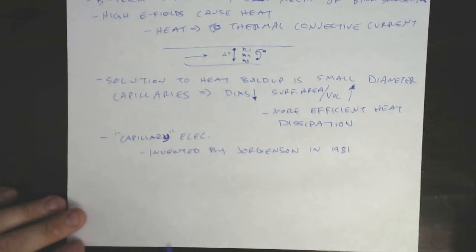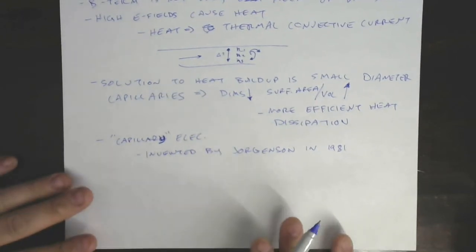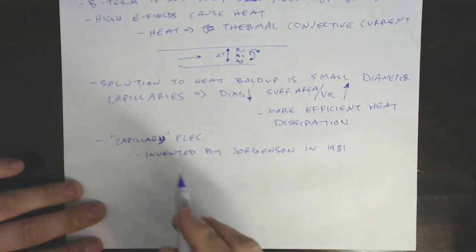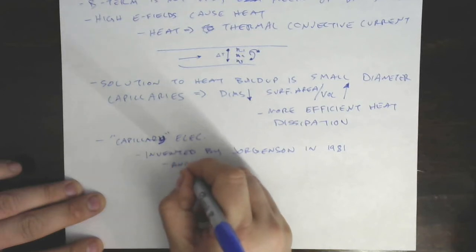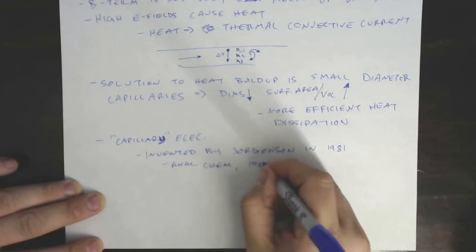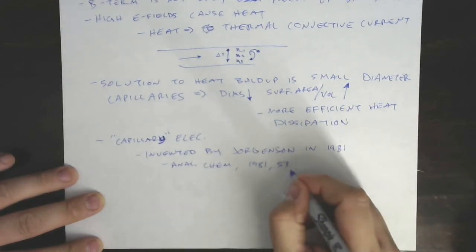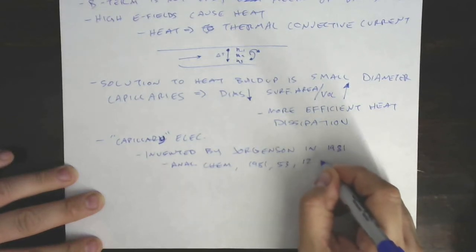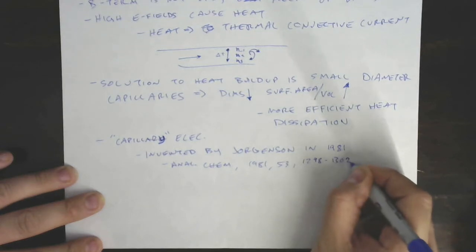So Jim Jorgensen invented this in 1981. Here's the paper if you want to read it. I'm going to give you this reference because my research group is reading this exact article as part of our journal club right now, so why not pass it along to you? This was Analytical Chemistry, 1981, volume 53, pages 1298 to 1302.